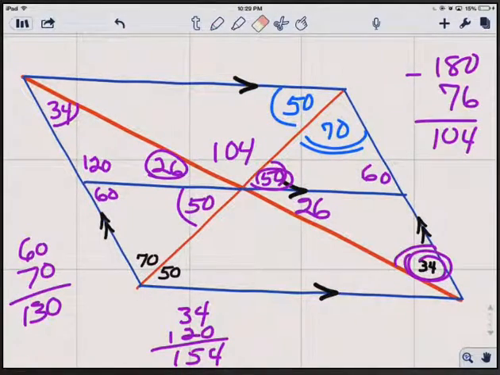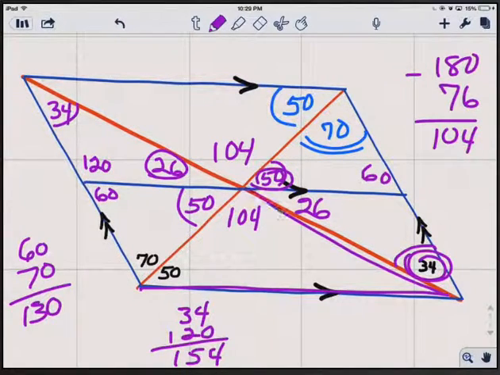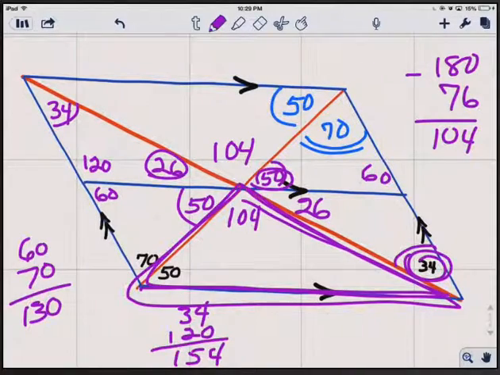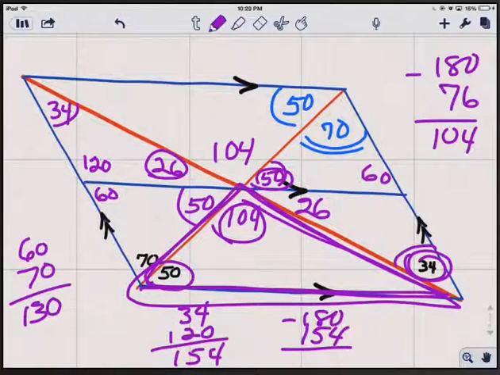Now vertical angles are congruent, so therefore there's another 104 down here. And now we can proceed a few different ways. We can look at one of the two triangles, this triangle or the triangle at the top. We know two out of the three angles for this triangle, 50 and 104, they total 154. Subtracted from 180 gives you 26. So therefore this angle is 26.